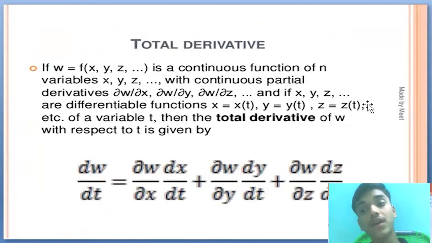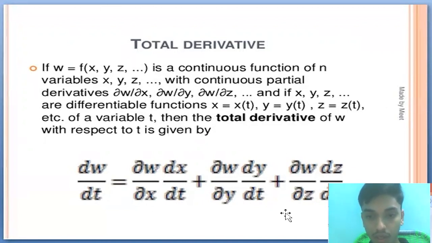If w is a function, w equals f of x, y, z and so on, a continuous function of n variables x, y, z with continuous partial derivatives, and x equals x of t, y equals y of t, z equals z of t, etc. are differentiable functions of a variable t, then the total derivative of w with respect to t is given by this.